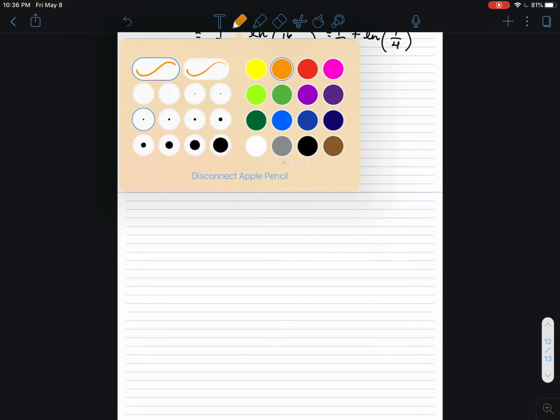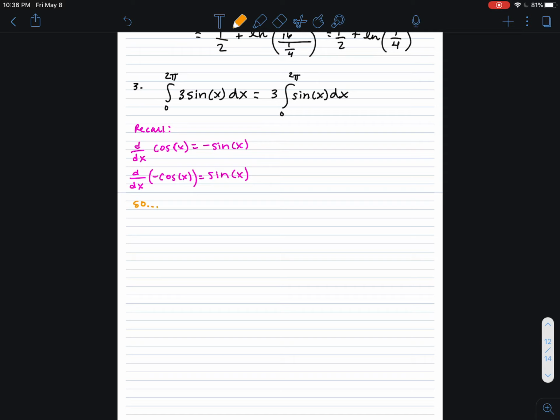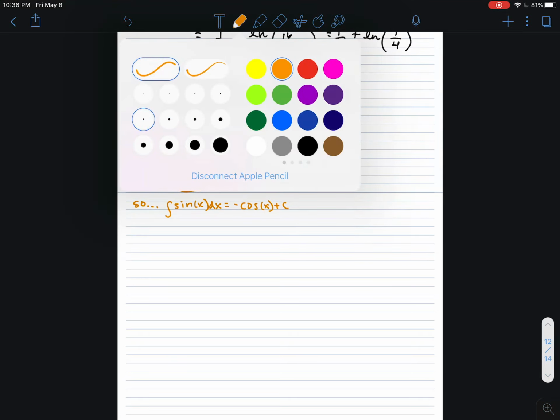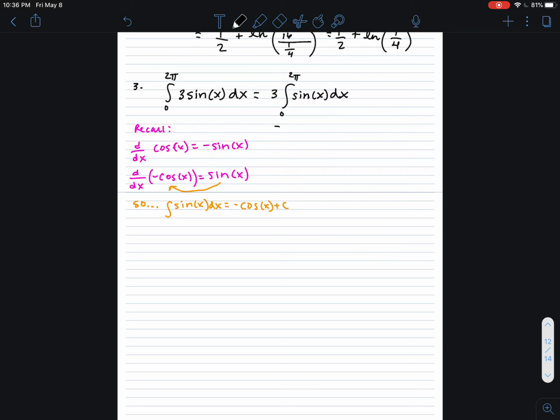So that means the antiderivative, aka the integral, of sine of x is negative cosine of x. Okay, so we can use that in this problem.